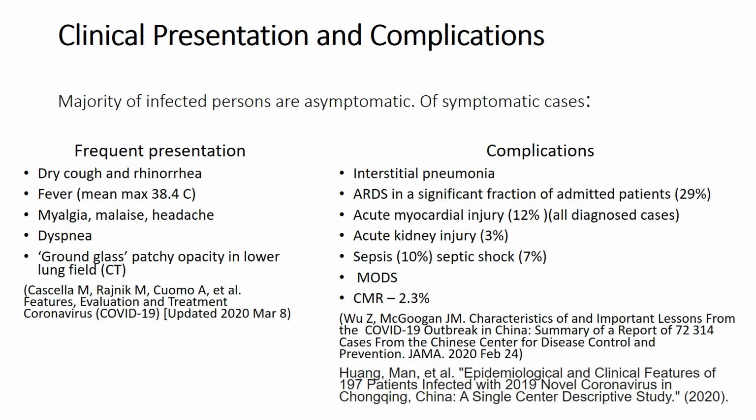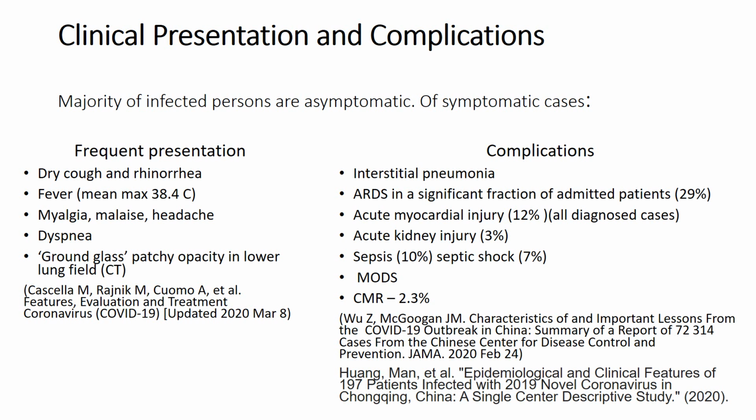And before they actually succumb, their organs will fail. It's called multiple organ dysfunction syndrome, MODS. And case mortality rate overall is 2.3%, but I'm going to talk about this a little bit more because there are differences. There's quite a variation in the case mortality rate. The number of people who die per person infected is quite different in different jurisdictions presently.